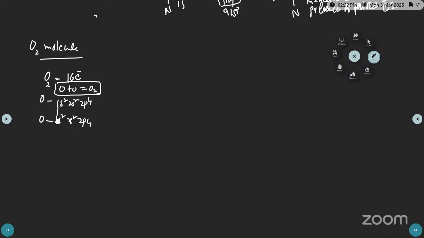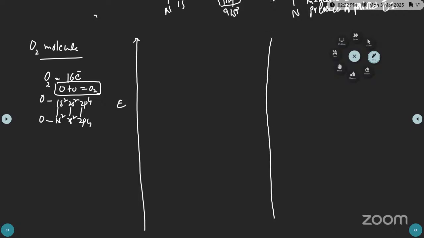So these 1s2, 1s2, 2s2, 2s2, 2p4 combine together and form the molecular orbitals. So the energy line of one oxygen and the energy line of the second oxygen, like this.